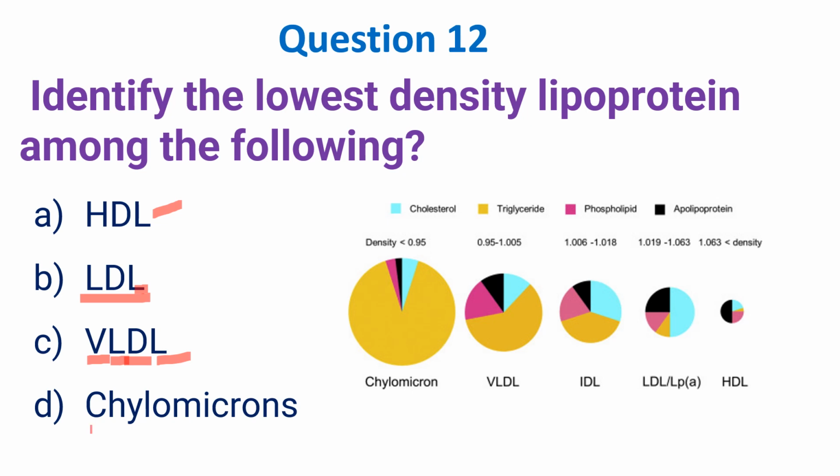Option D is chylomicron. You can see that the density of chylomicron is less than VLDL, IDL, LDL, and HDL. The correct answer is D, which is the lowest density lipoprotein.